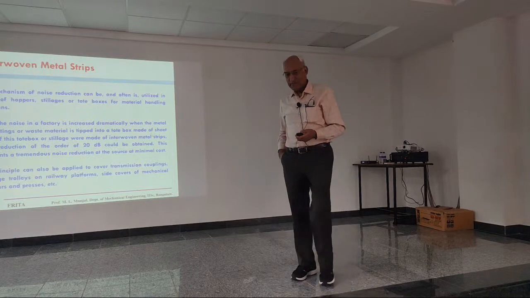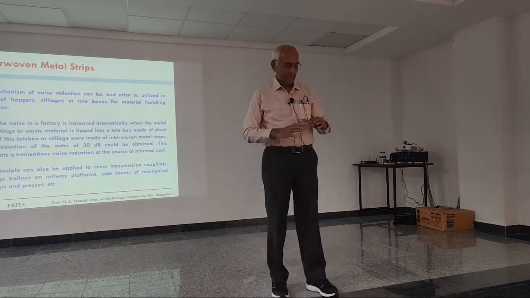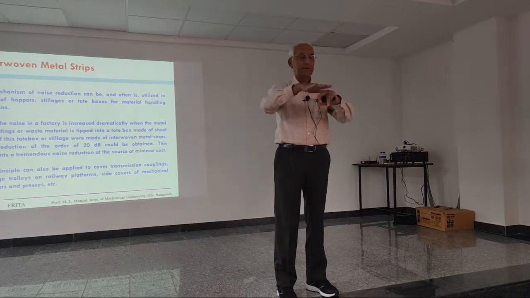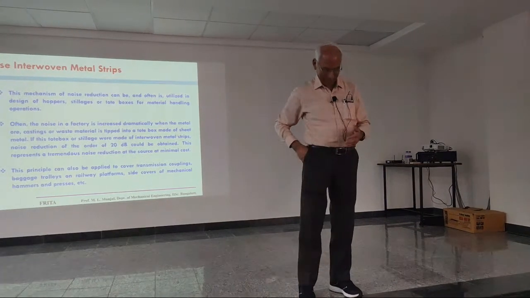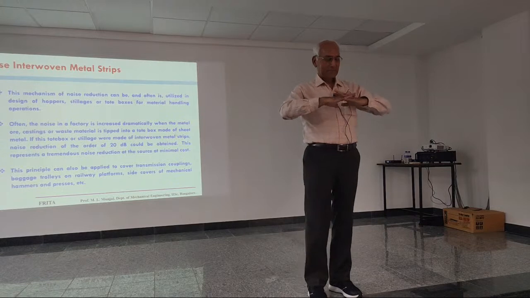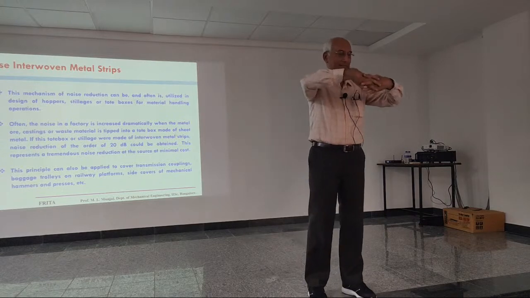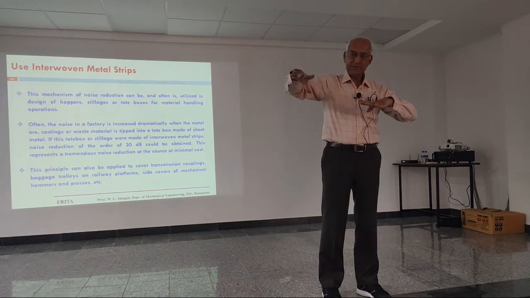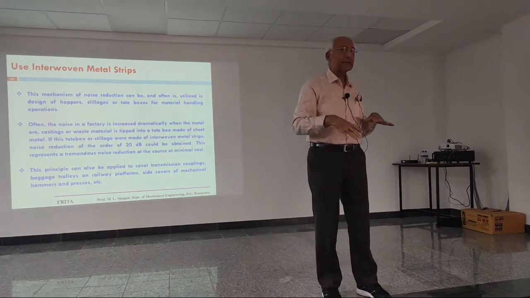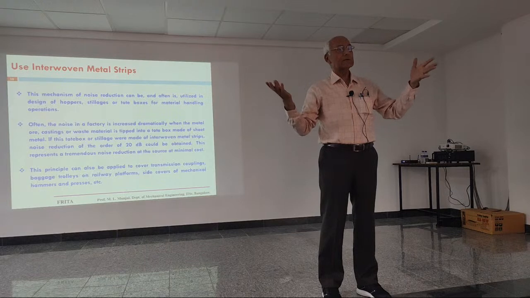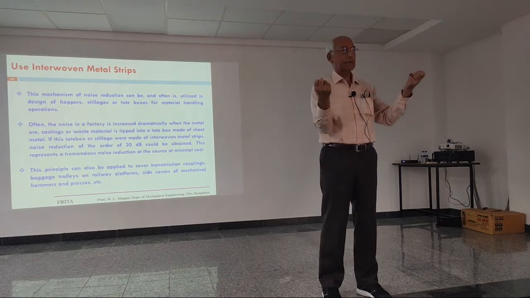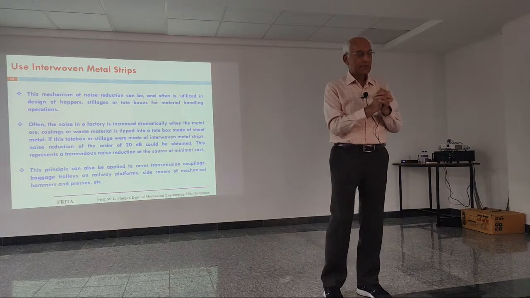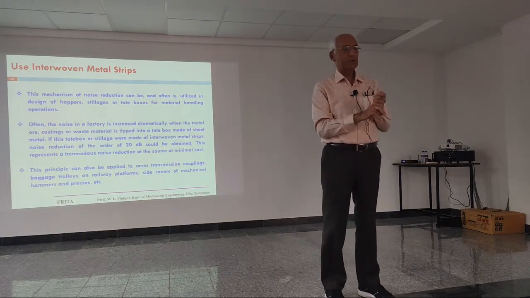Now, let me explain a little. Basically, I'm talking about things like this. You have one set of strips coming there, and the other like this, as we typically use for cots, etc. Now, if you do that, you are doing a number of things.